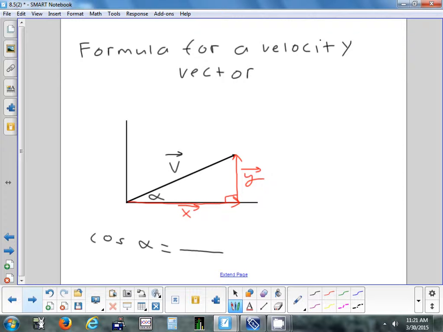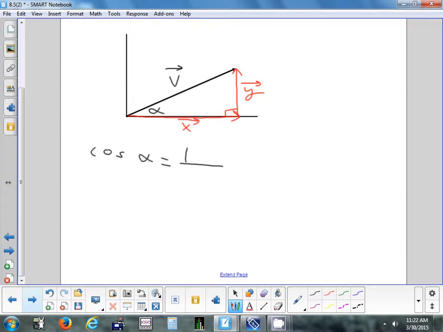How about Alex? What am I concerned with here about the vectors? I'm going to use two of them, but I don't want the actual vector here. I just want its magnitude, right? Because all we're trying to do is find components. Okay, we just care about the magnitude. So I want adjacent over hypotenuse.